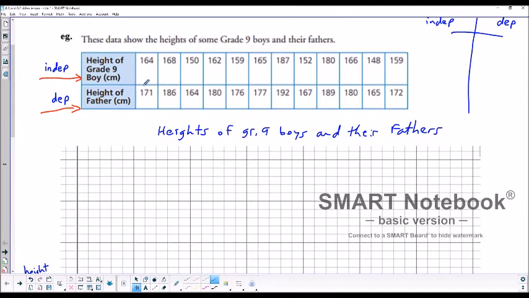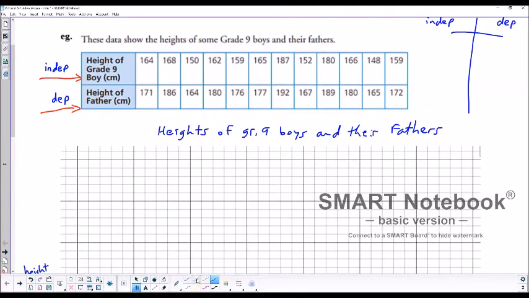So the dangerous thing is we cannot write these values, 164, 168, etc., or the dependent values, as the scale on the axes. The scale has to be consistent, it has to be uniform, with equivalent spacing between values, and then we plot these points on afterwards.